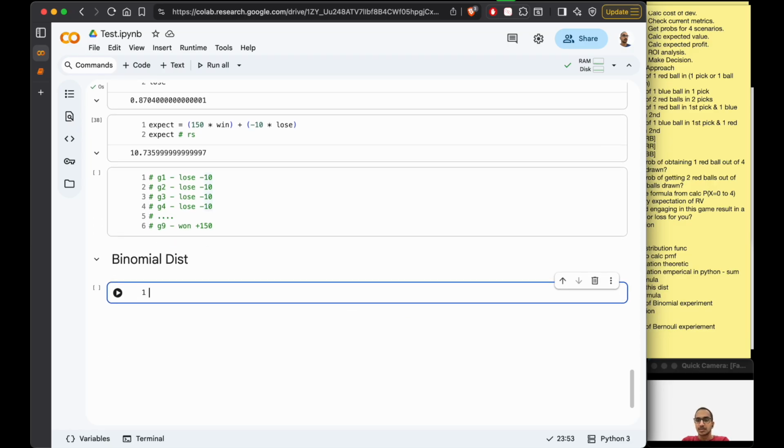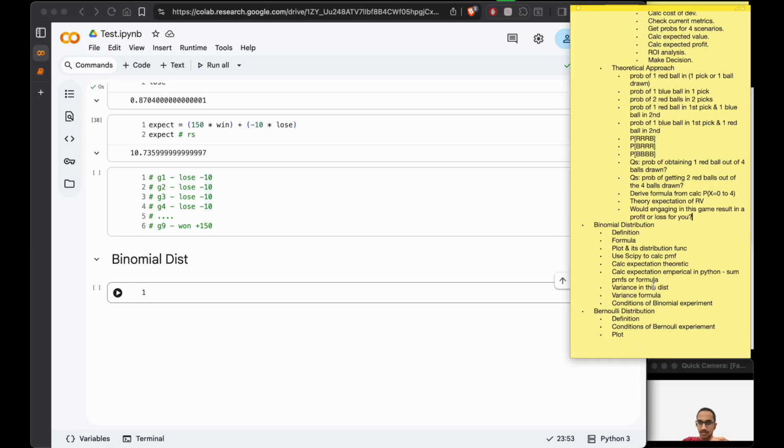So binomial distribution, we derived the formula here.